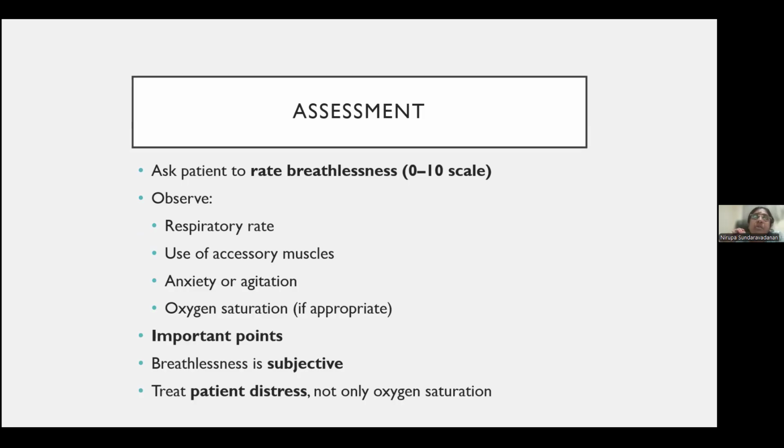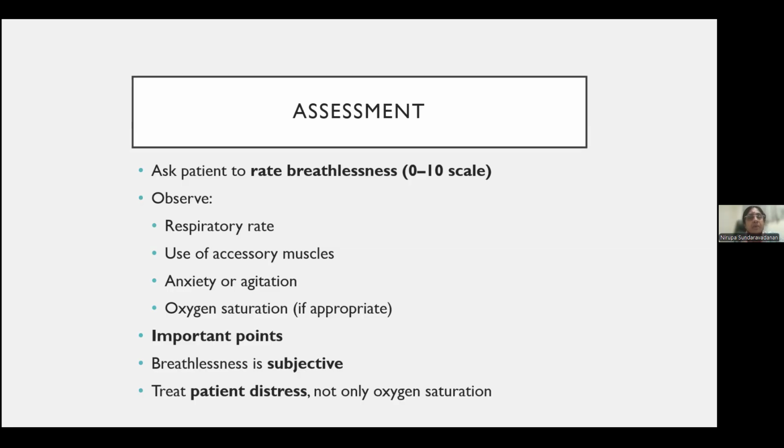And again, this is a good objective measure, which gives us an idea. Is the breathlessness getting worse? Better? See, breathlessness, we said, is a subjective thing. Patient is uncomfortably aware of his own breathing. So it gives us an idea whether he's becoming a little more comfortable and settled or not. Is the panic rising? Is the discomfort rising?